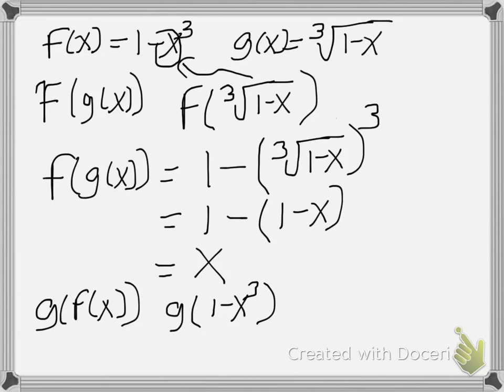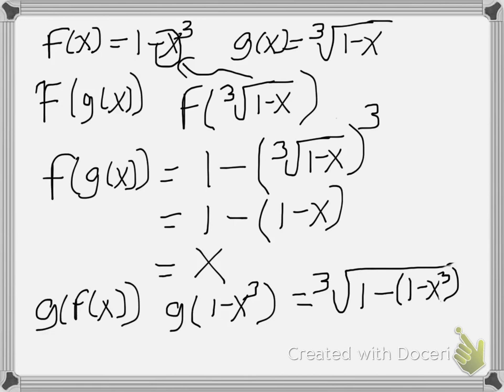So now what do I do? So I'm going to have the cube root of 1 minus the quantity 1 minus x cubed. Now, be careful. Don't make that mistake.